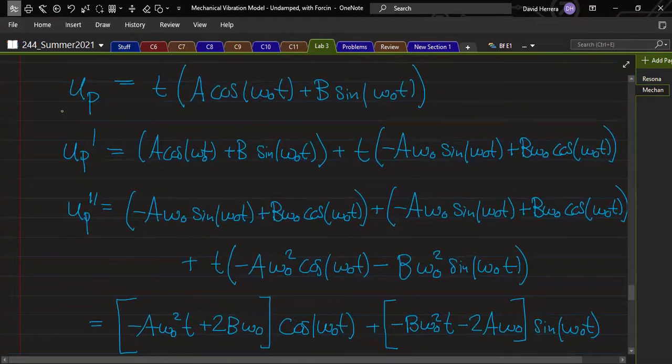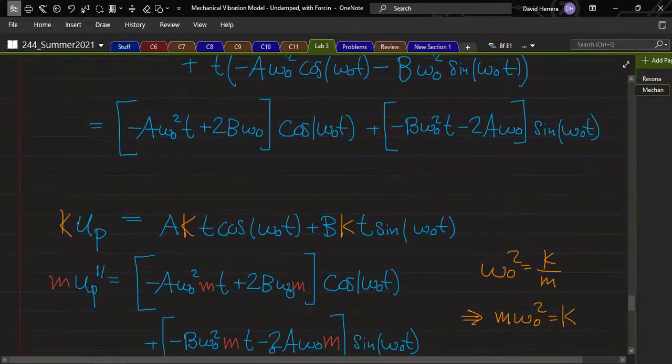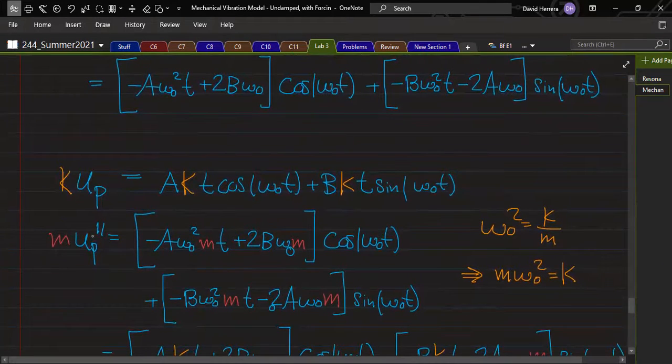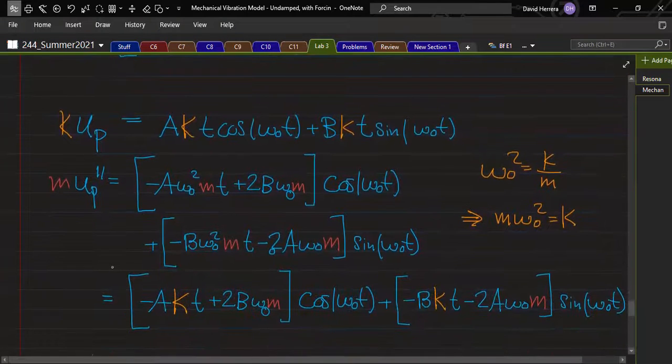So I take this expression for up and I multiply through by k. And I take my expression for up double prime and I multiply through by m, which is this. However, the natural frequency omega naught is the square root of k over m. That means omega naught squared is k over m.